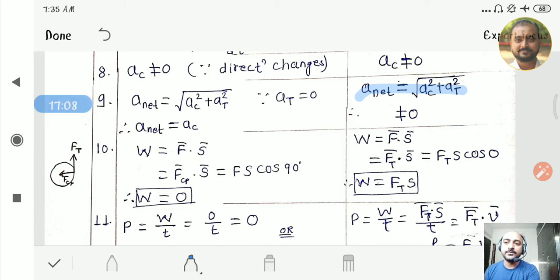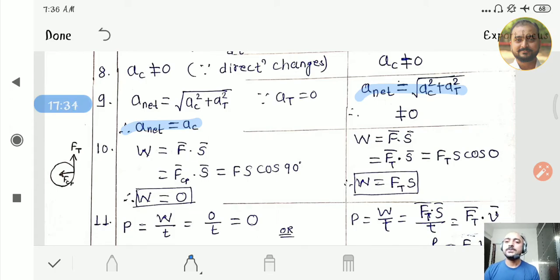While in uniform circular motion we write directly a_net is equal to the centripetal acceleration, because the tangential acceleration is 0 in uniform circular motion, but here the tangential acceleration also has a certain value, and so we write the formula for net acceleration as under root of a_c square plus a_t square.